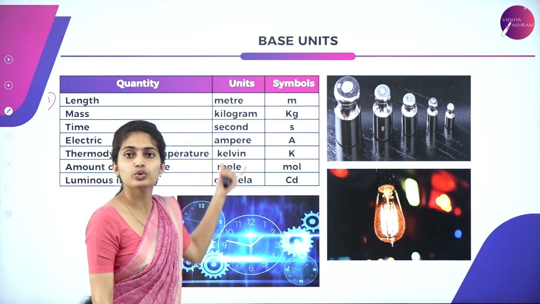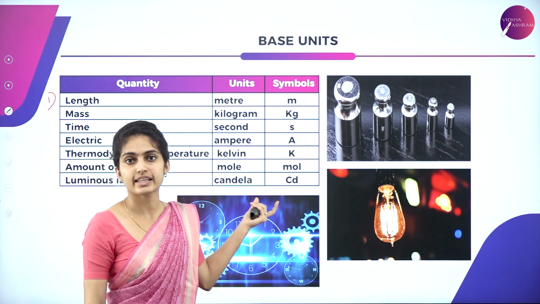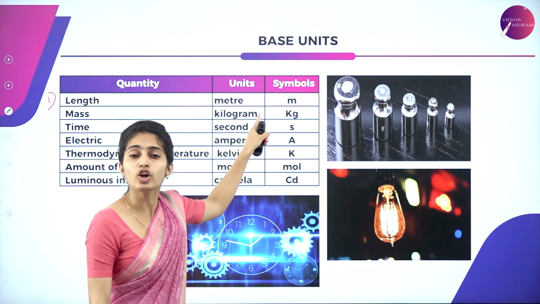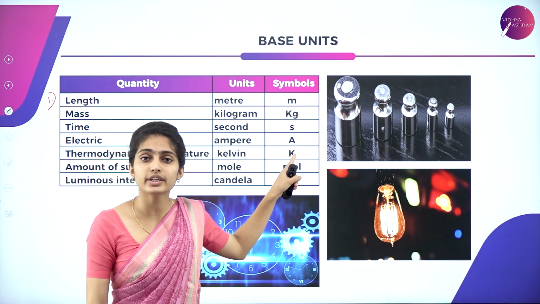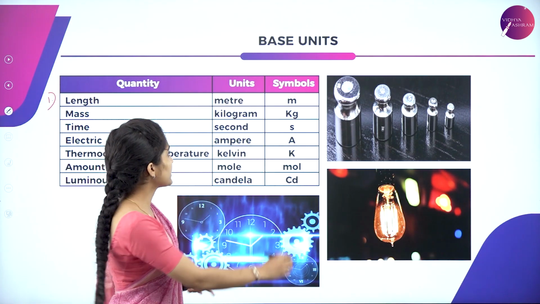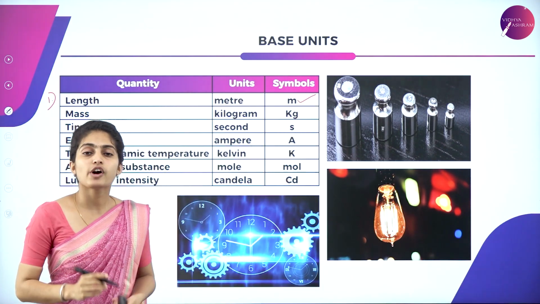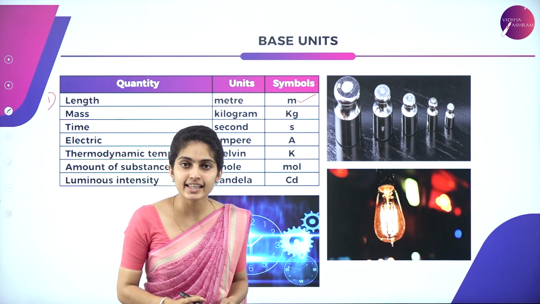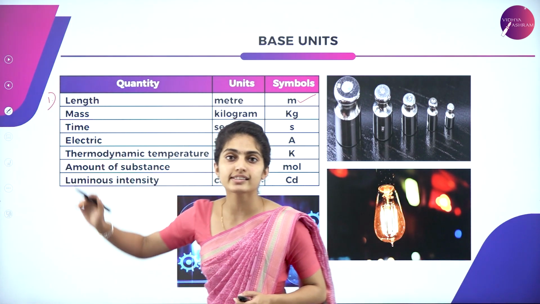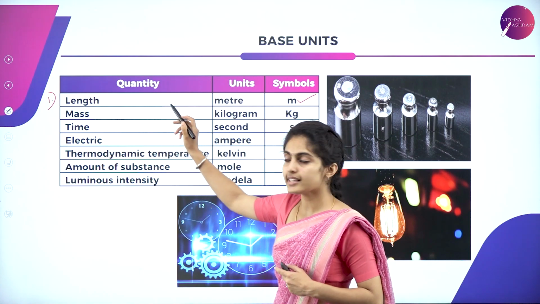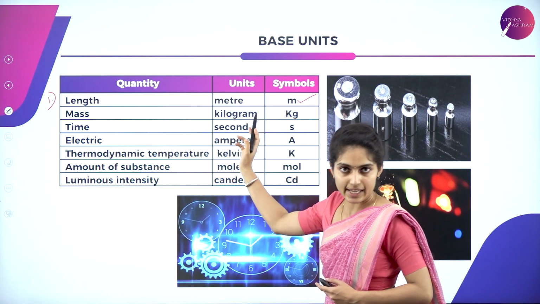So this is the base unit which we are using. The symbol of the unit meter is m. So the first base quantity is length and the unit is meter, whose symbol is given in small letter m.